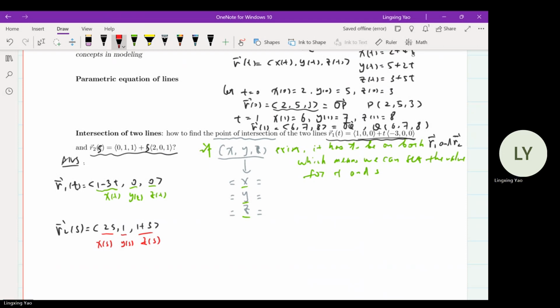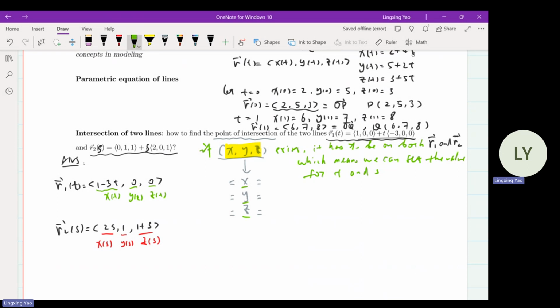So now, this is our target. We want to find this point with the coordinates x, y, z, and those x, y, z should be matched by R1, R2 if those R1, R2 are intersecting.